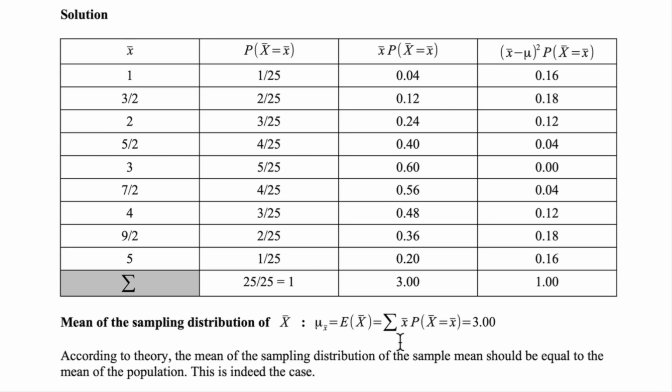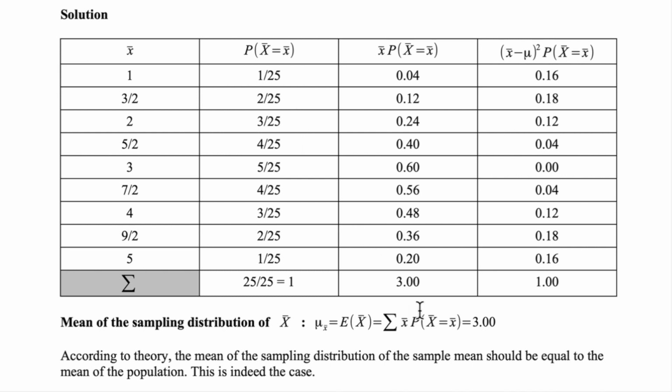And so what we do here is take each of the values in the sample space of x bar, so 1, 3 halves, 2, and so forth, and then we have to multiply each of those values by the corresponding probability that x bar takes on that value.